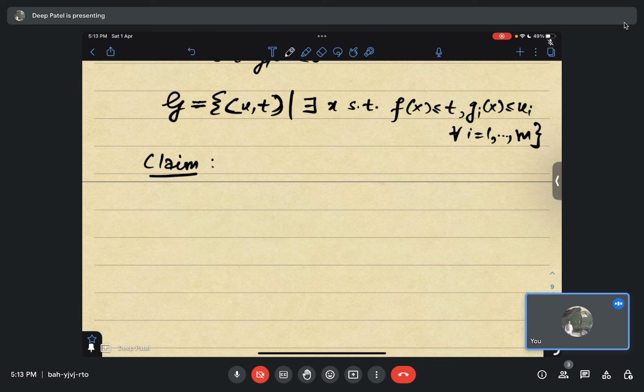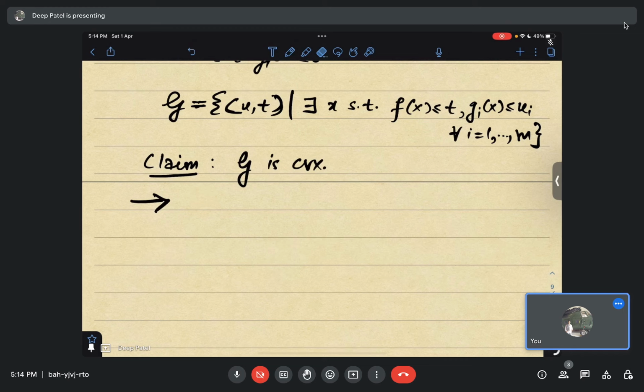So this set is given to us, in a manner similar to how we defined it in the lectures, and the claim is that the set G is convex. Any thoughts? This should be true, right? Because it was already proved during the lectures. But I have a slight problem with this question.